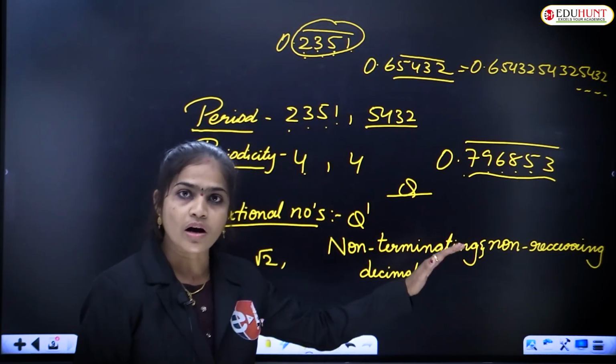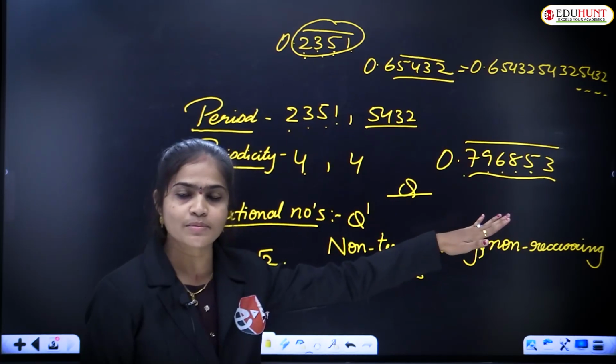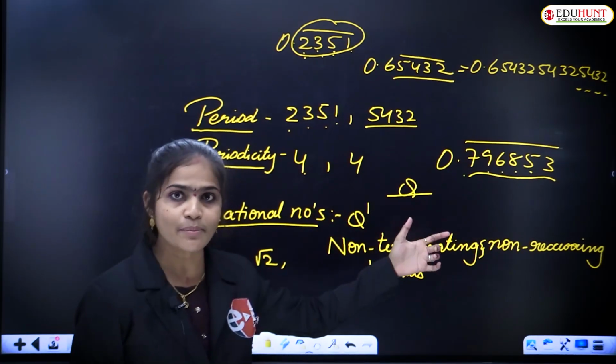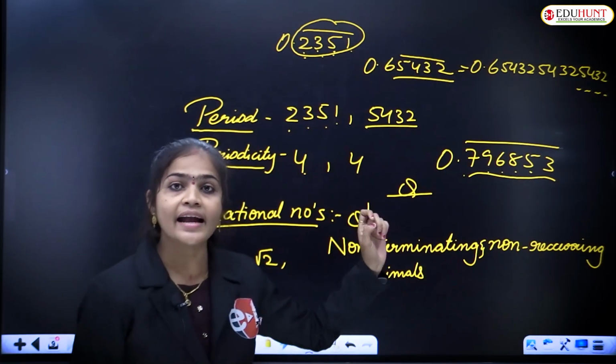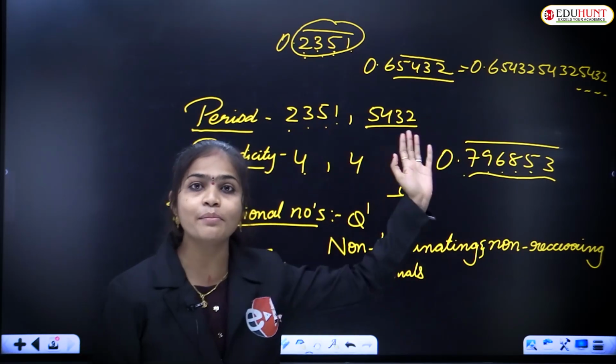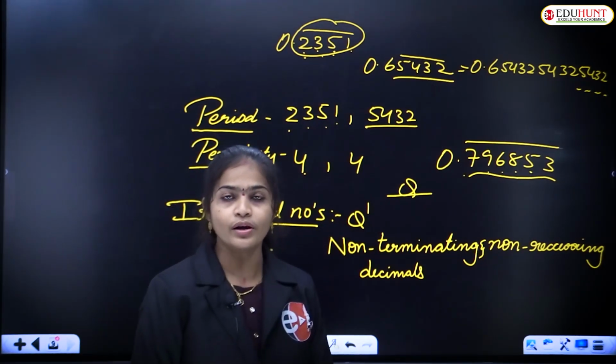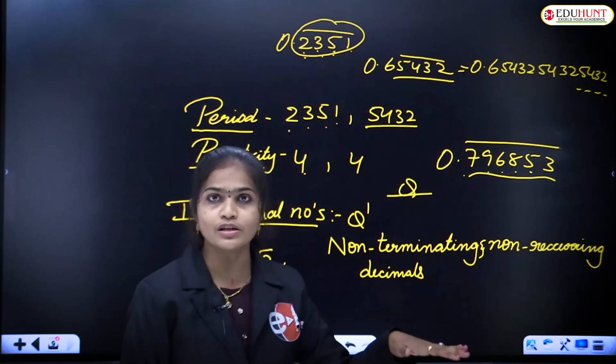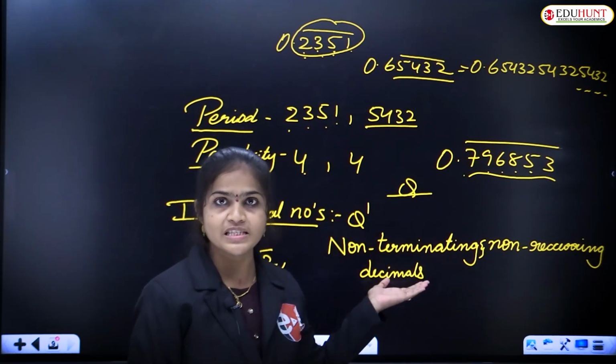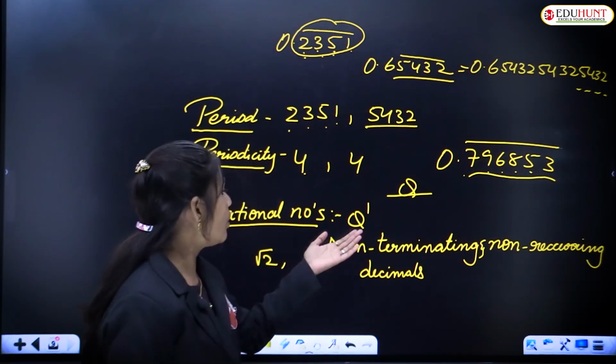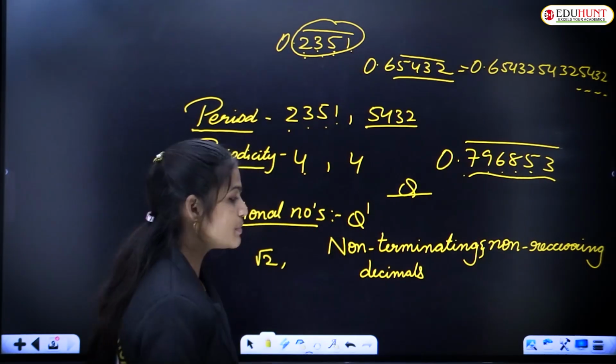But non-terminating, non-recurring decimals mean that the decimal numbers do not have an ending point and the same numbers are not in repetition. That type of decimals are known as non-terminating, non-recurring decimals.